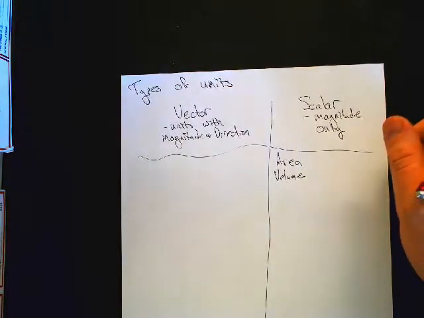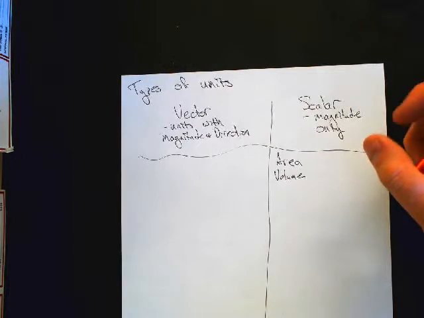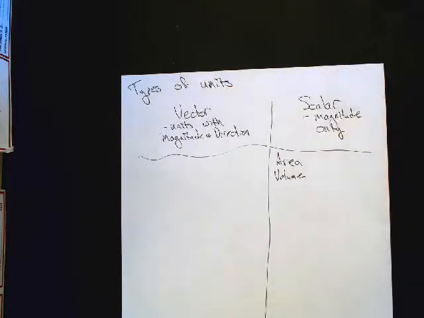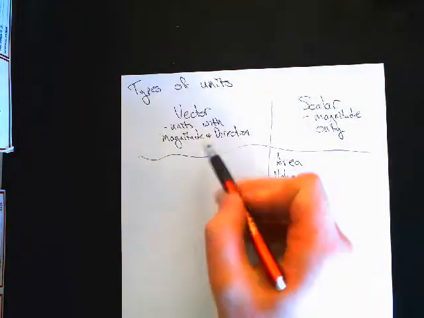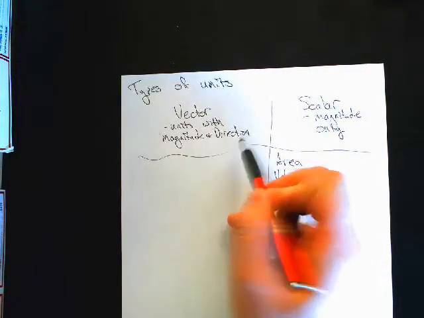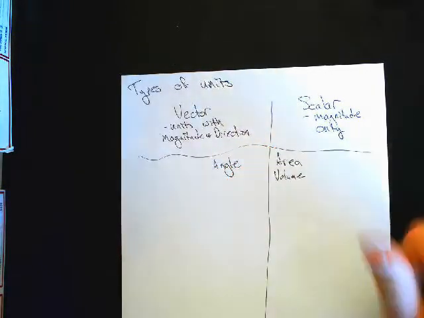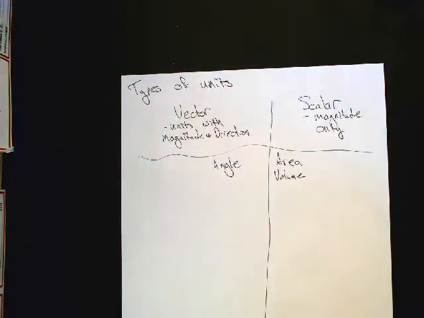So radians and degrees are kind of tricky in here because typically that's what we use to give direction. And we can still talk about them from the x-axis, from the y-axis, or if we're talking just absolute radians, so 2 pi radians is always going to be along the negative x-axis. Given that they're really more so the direction, I'm going to go ahead and put angle over here. What else?